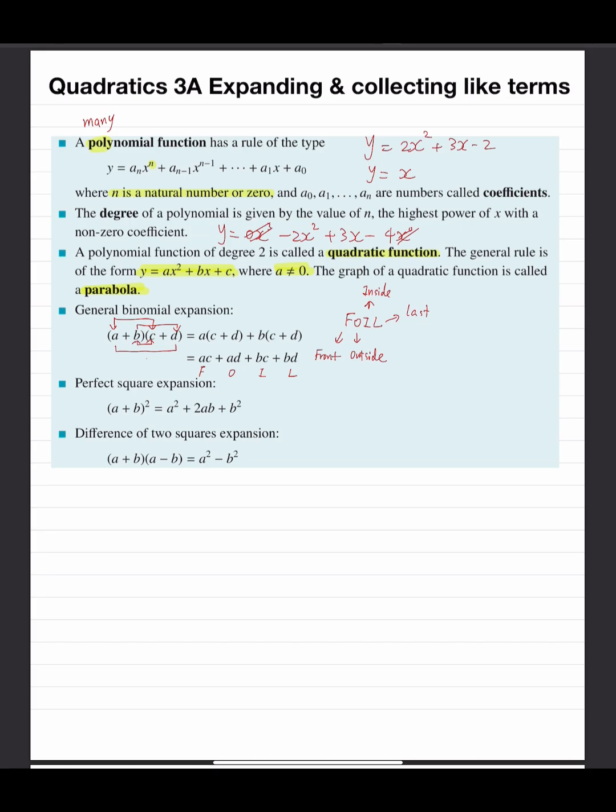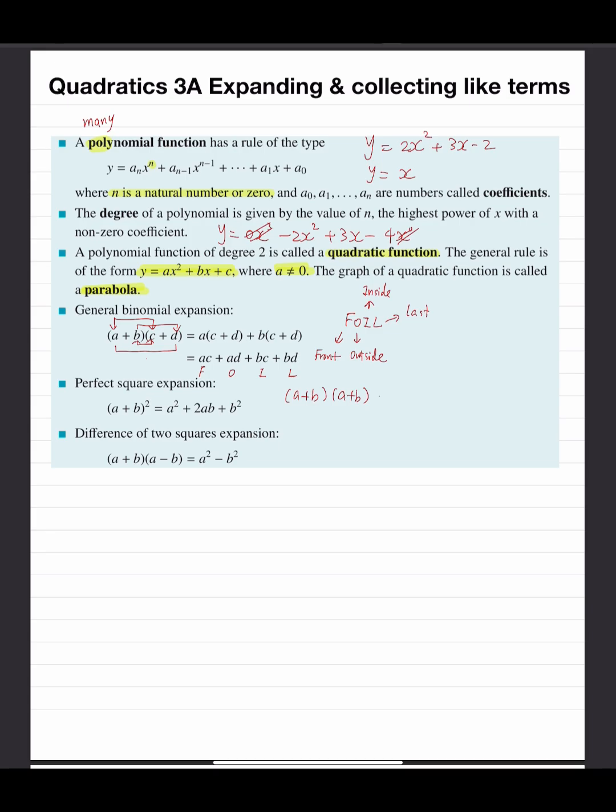The second one is a formula. Okay, so it is basically a summarized formula from the FOIL if the two brackets are exactly the same. So we can just do this. So (a plus b) squared, we can just rewrite as (a plus b) times (a plus b), right?